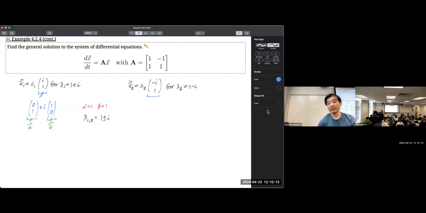Here's what I'm going to write: vector 1, 2 is going to be (0, 1) plus or minus I times (1, 0). Okay, and of course we just said here that vector A is this one, and vector B is this part, the imaginary part.